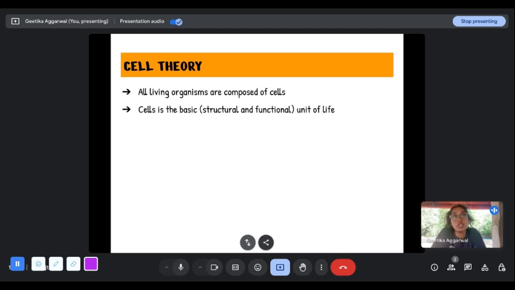It's the basic structural and functional unit, the smallest unit that forms living organisms. And all cells arise from pre-existing cells. There are no cells that just arise out of nothing. All cells arise from some form of a pre-existing cell or a living organism.